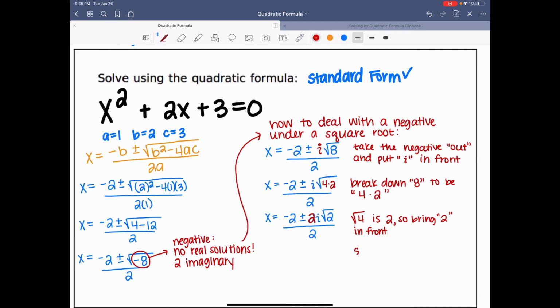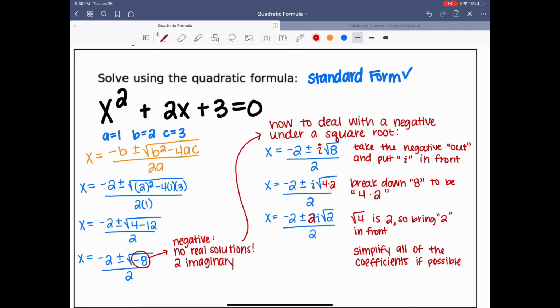So finally, we are going to simplify all of the constants, or the coefficients, so all of the plain numbers, if possible. You can't always do that, but most of the time, you will be able to.